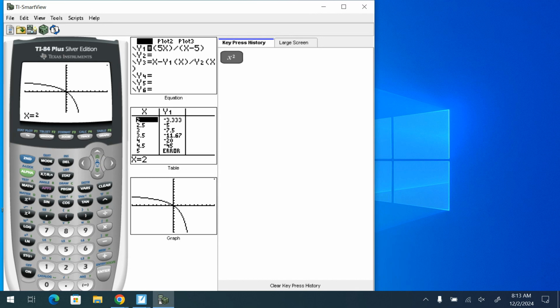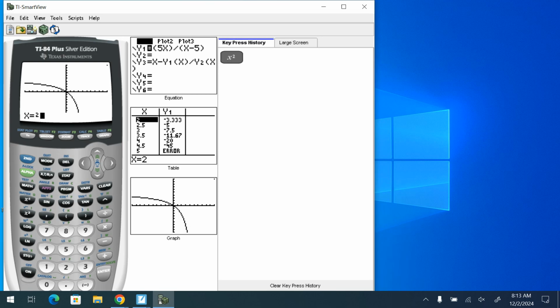You have e to the x, that's your exponential function, or you can have 10 to the x, or anything to the x power, which will undo a lot of your logarithmic functions. And that's what we'll be discovering in this last chapter.